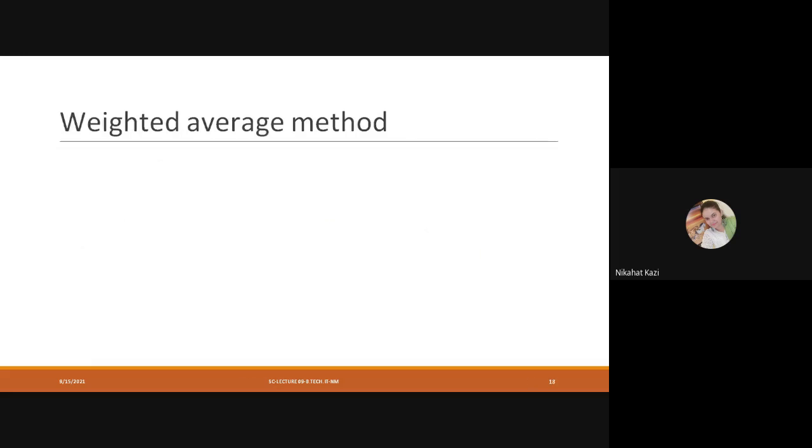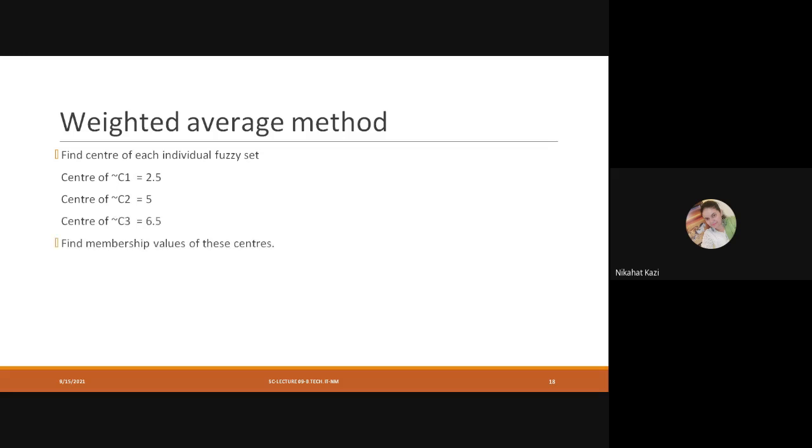Okay. Next is weighted average. What is weighted average method? Weighted average, all these functions are symmetrical. Okay, so since they are symmetrical, you can apply weighted average. So C1, C2, C3 centers, and the membership values are at these centers.